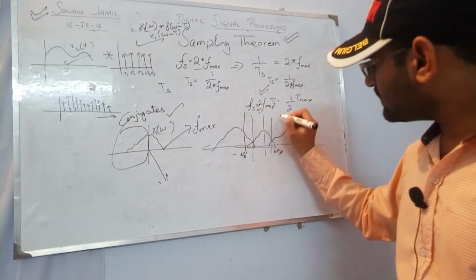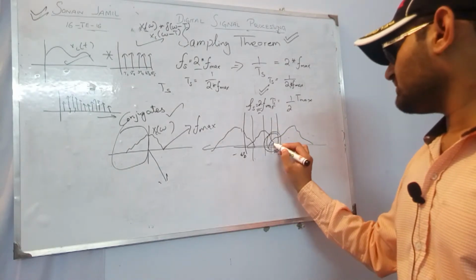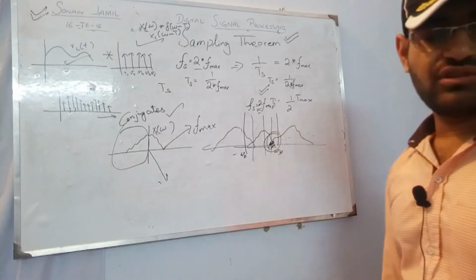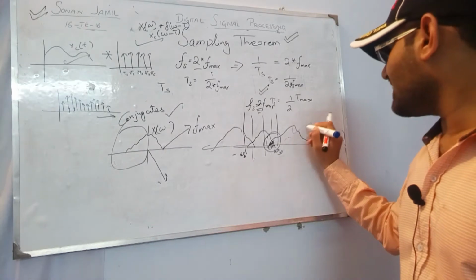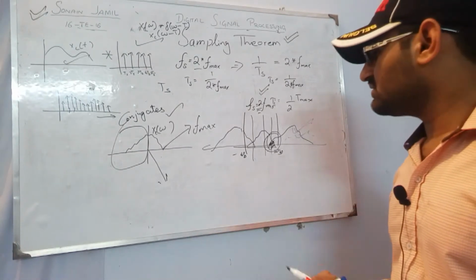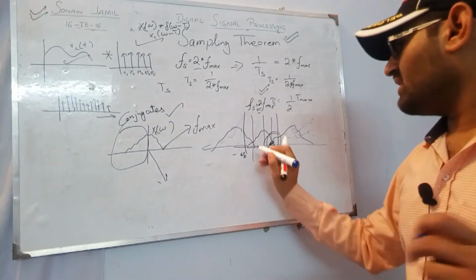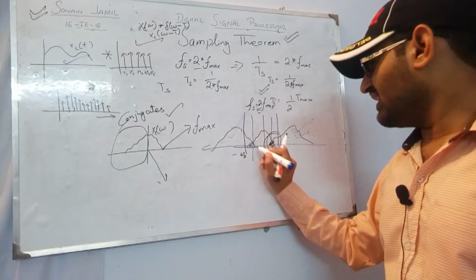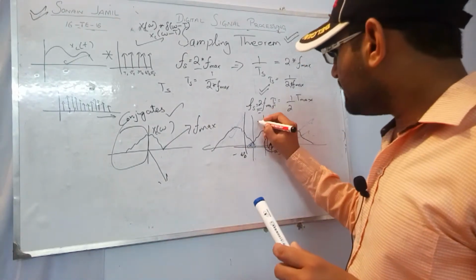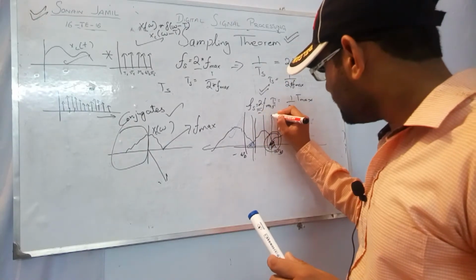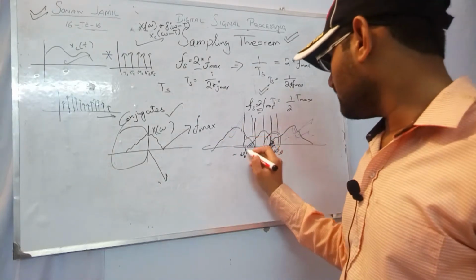If we apply the low pass filter, these shaded components, those are the high frequencies of the other signal components, will come, and we will have interference and noise. If we apply this low pass filter from there to there, then we will lose this information.